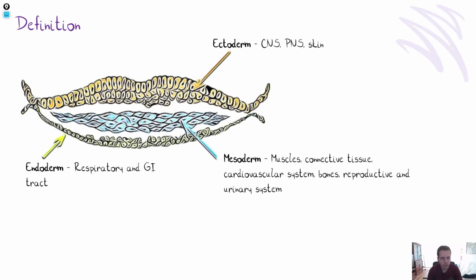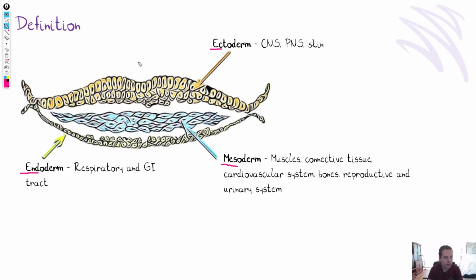And maybe you remember from embryology that when the sperm and oocyte merge and the new organism starts to develop, the early embryo consists of 3 so-called germ layers, and these layers consist of germ cells. We've got ectoderm, mesoderm, and endoderm.